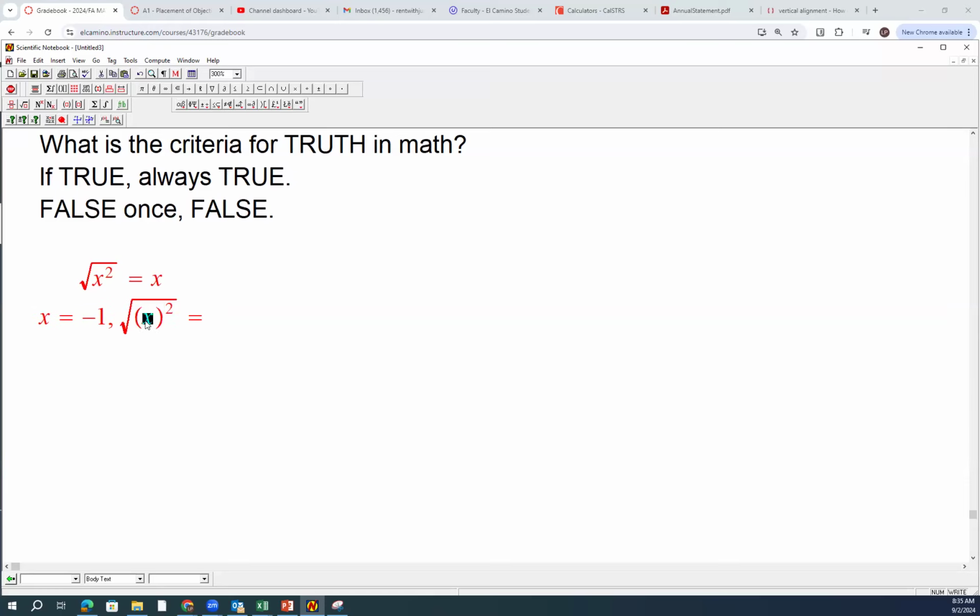So that's the left-hand side of the statement. On the right side of the statement, it's just -1.